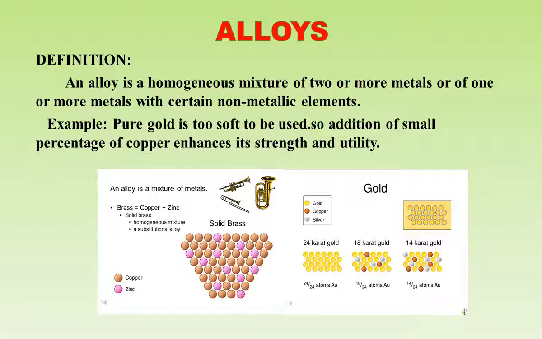Some proportions are used to make the jewels. So that is the formation of alloys, which means a homogeneous mixture of two or more metals.